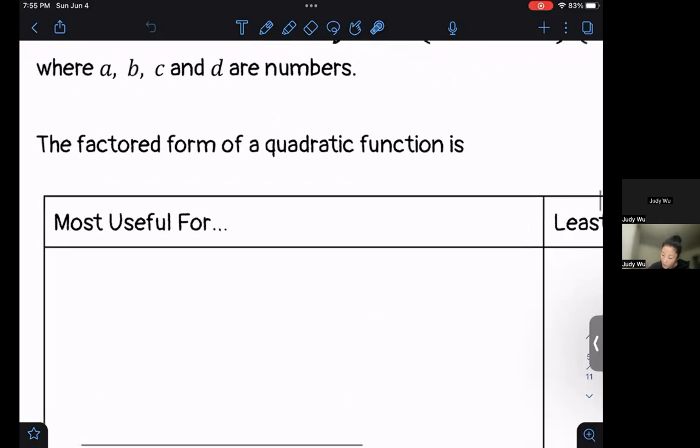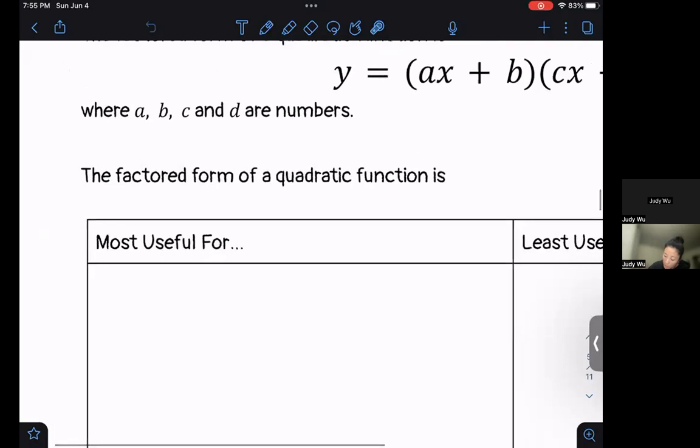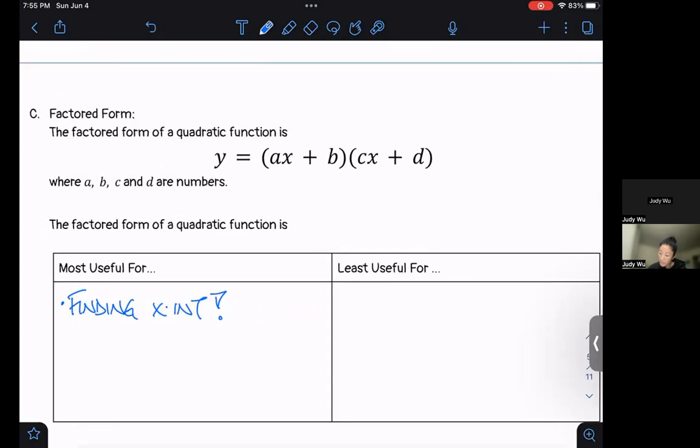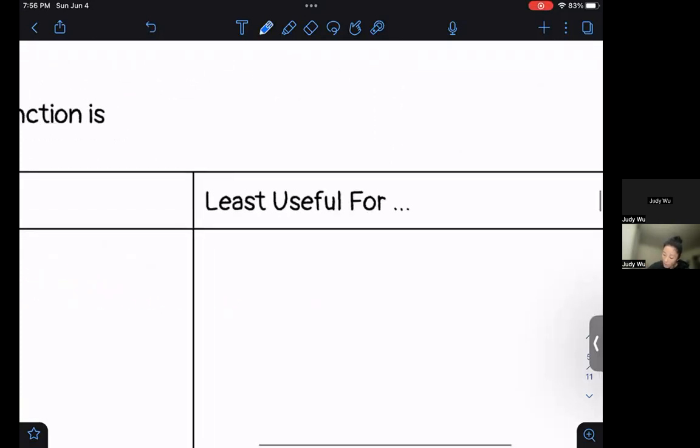Now, the factored form of the quadratic function is most useful for finding x-intercepts, okay? So the very thing that was so hard for us to do in the previous one, in vertex form, is actually much easier to do in factored form, all right? It is least useful for, I think, finding the vertex.